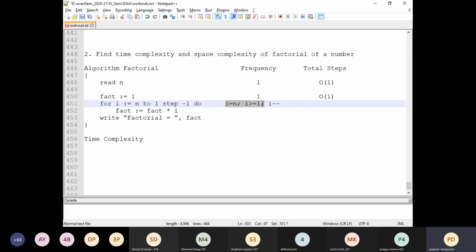The condition will be true for n times and becomes false for one time. So it will make it n plus one times. So the frequency of this particular line will be n plus 1 times.